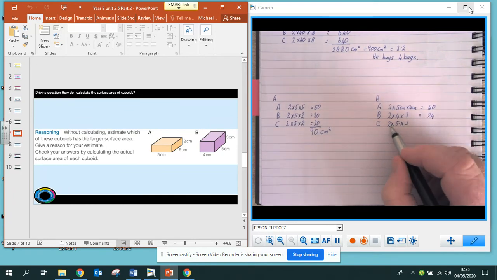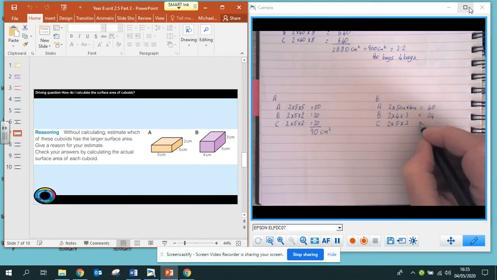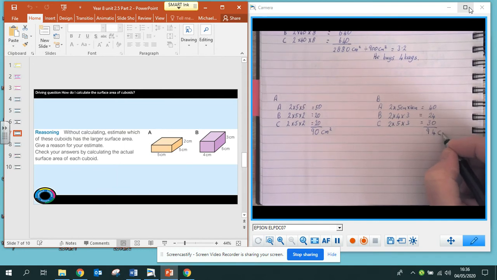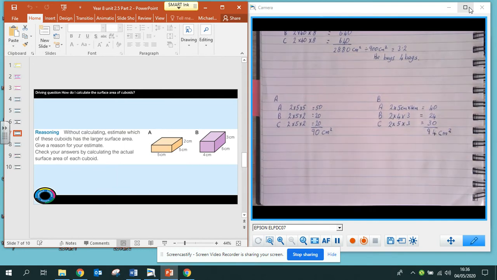And 2 times 5 is 10, times 3 is 30. So if we add those together, we get 40 add 24 is 64, add 30 is 94 square centimeters. So the one with the largest surface area is shape B.